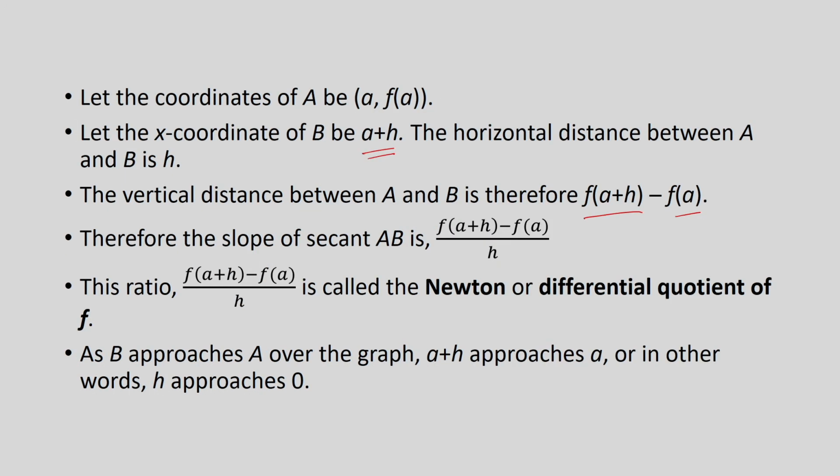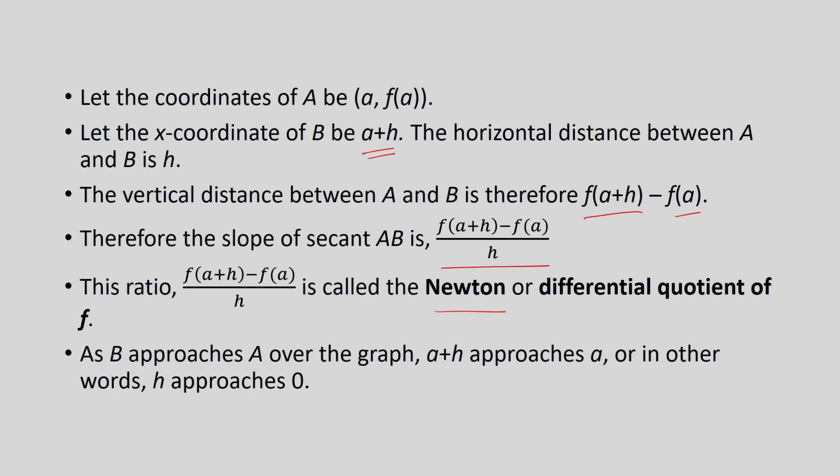So, therefore, this is the slope of AB. This ratio, which is f(a plus h) minus f(a) divided by h, is called the Newton or the differential quotient of f, all right, obviously at point A. So, this is named after Isaac Newton because he was one of the proponents of differential calculus.